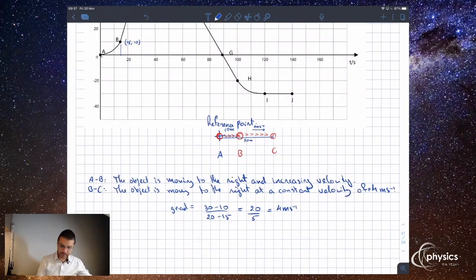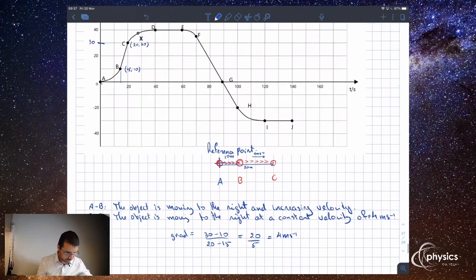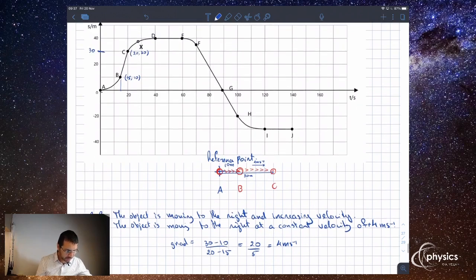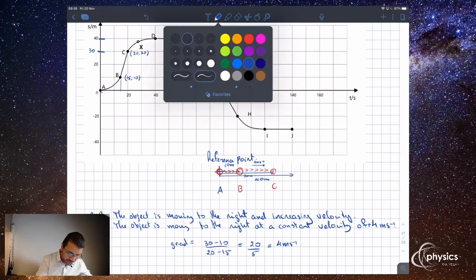Okay, BC. Let's move on to CD now. At C, we are at 30 meters away from the reference point. At D, we are at 40 meters away from the reference point.